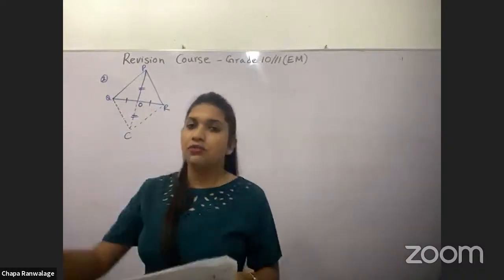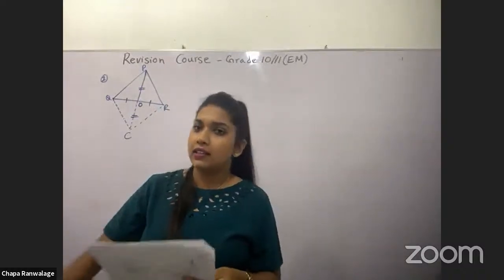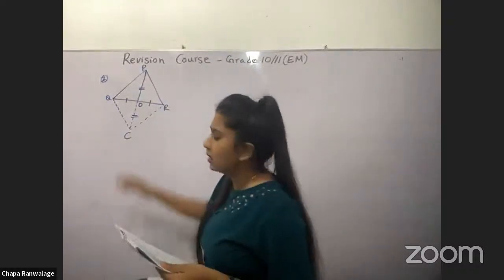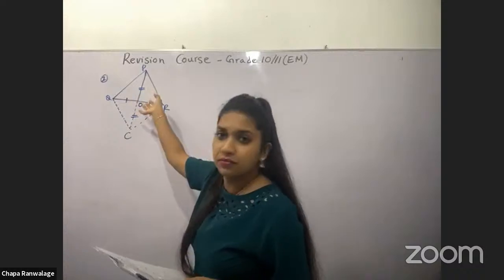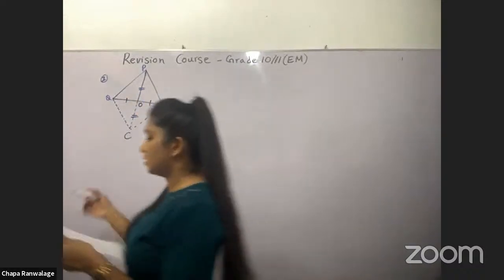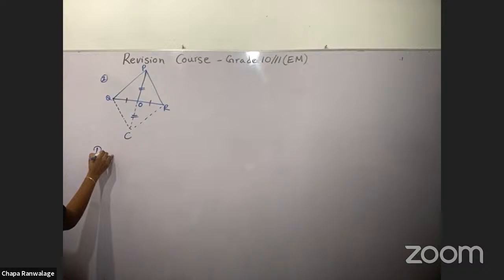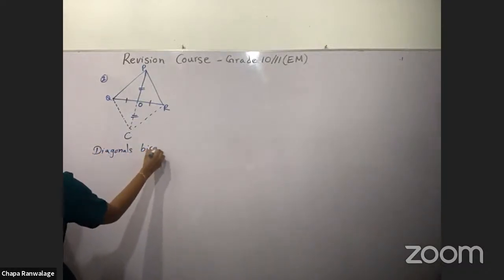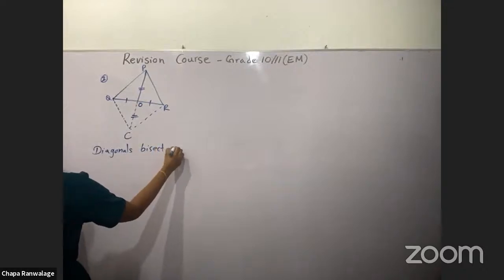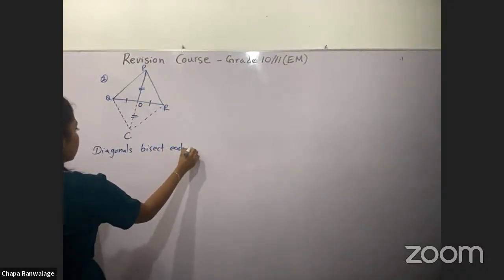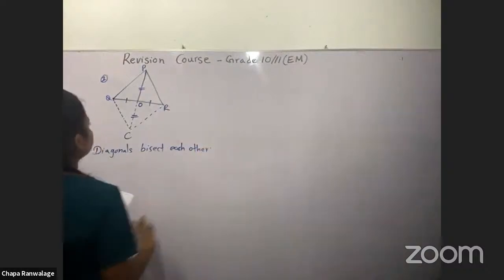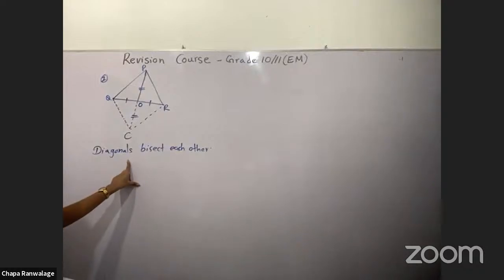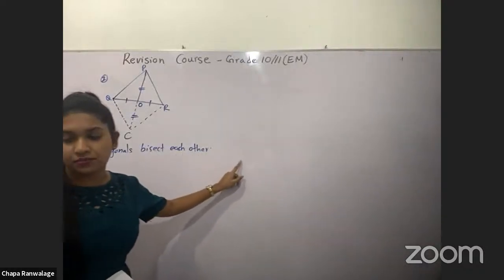If the given quadrilateral is a parallelogram, the diagonals bisect each other. So you have to write that. Diagonals bisect each other.